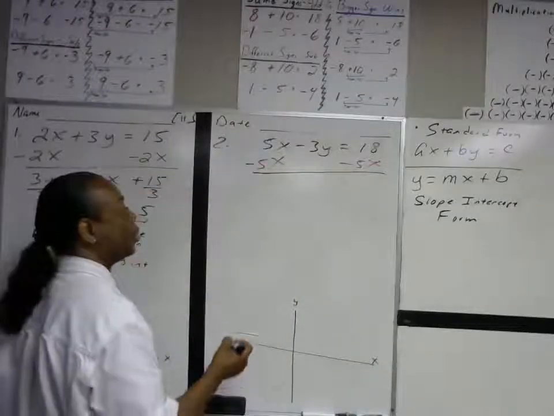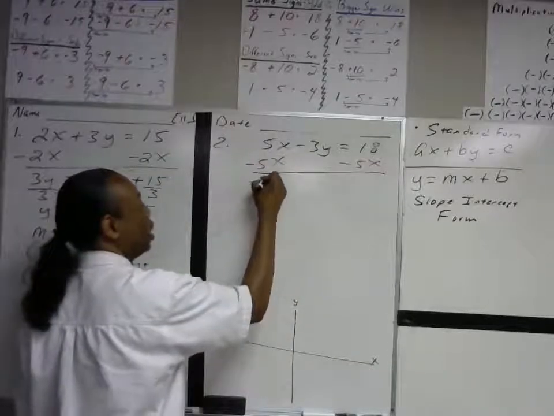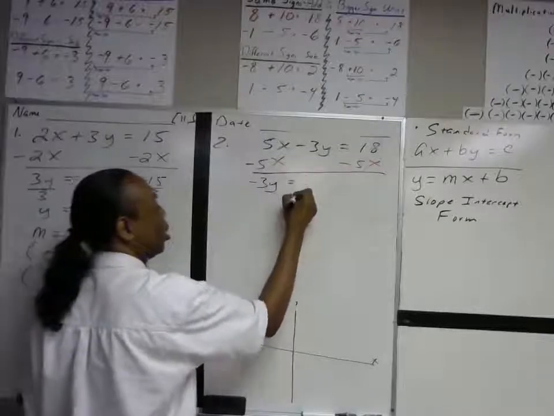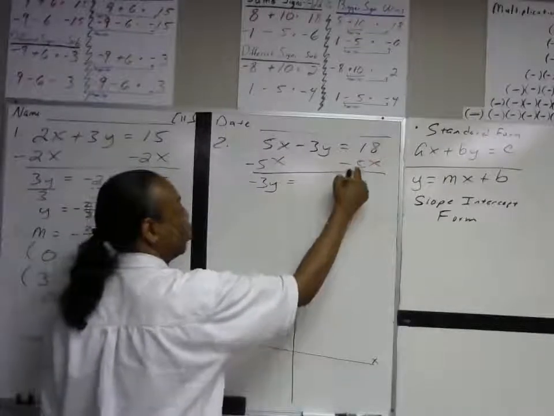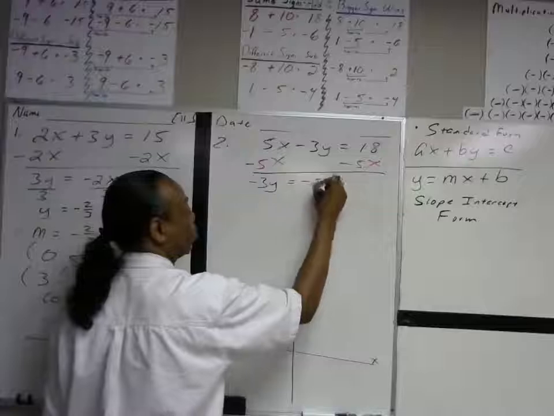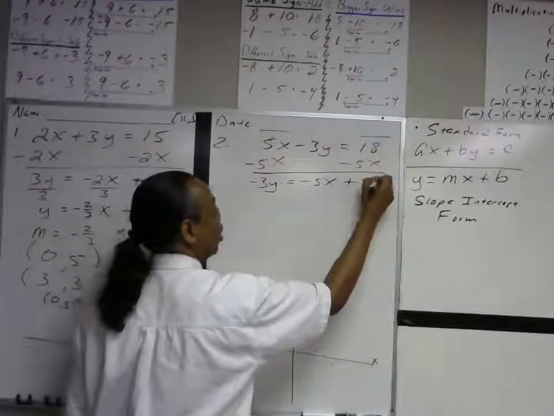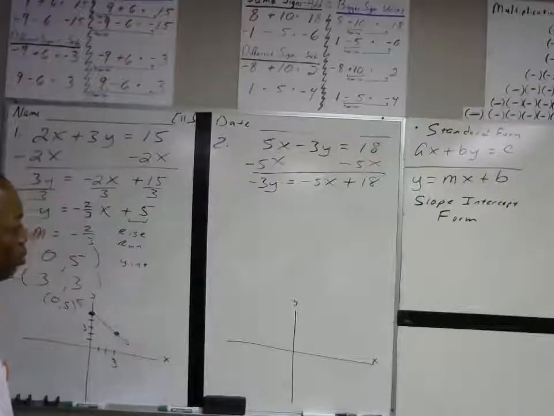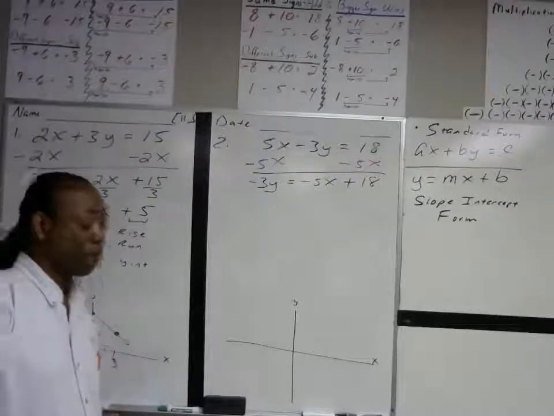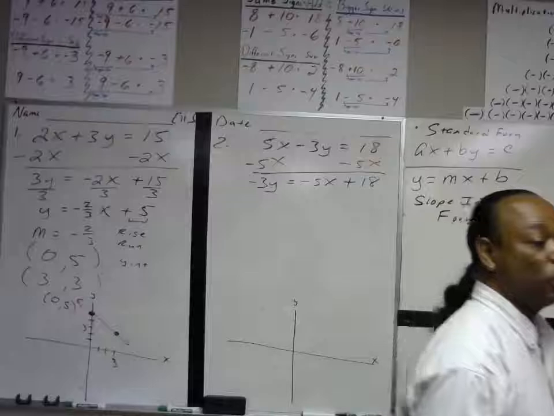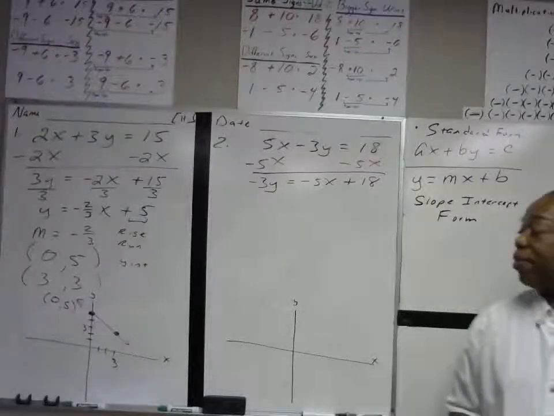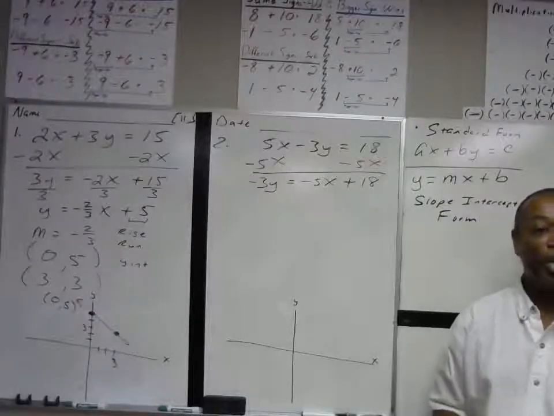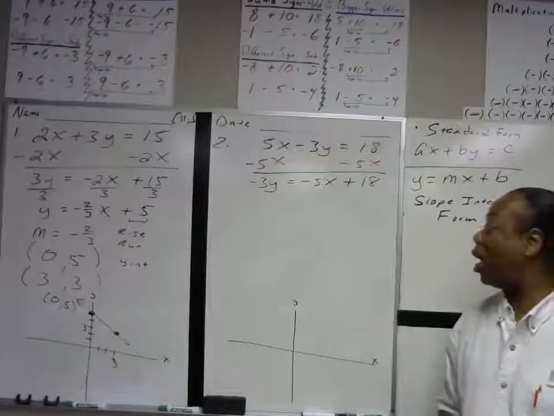Okay. As a result, we get negative 3y equals the negative 5x goes first, and the positive 18 goes second. All right, so you should have a negative 3y equals negative 5x plus 18.